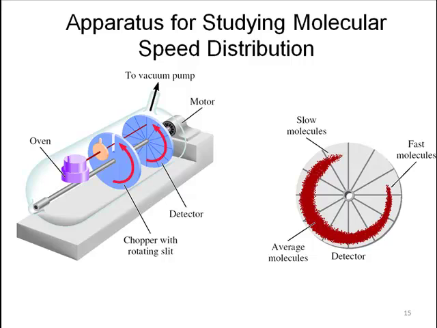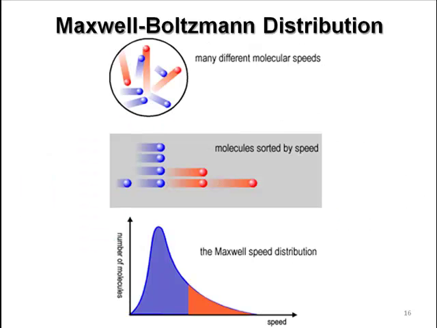The fast molecules would land here first. Average molecules are in the middle, and there are fewer slow ones and fewer fast ones than average. And this gives us an average speed of the molecules in a particular gas sample. So you put the gas sample in here, heat it up, and measure that sample as it passes through these two rotating slits, one being a slit, one being a detector.